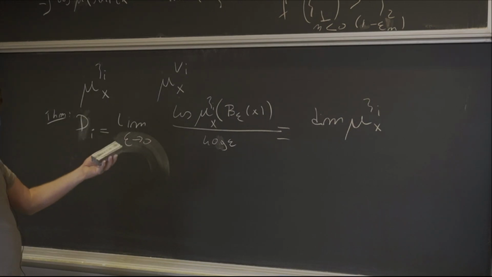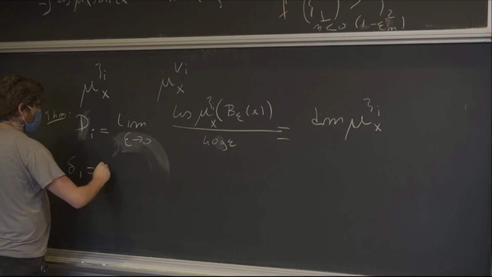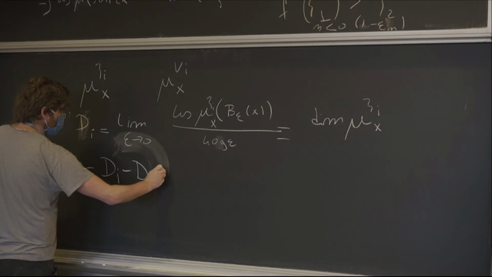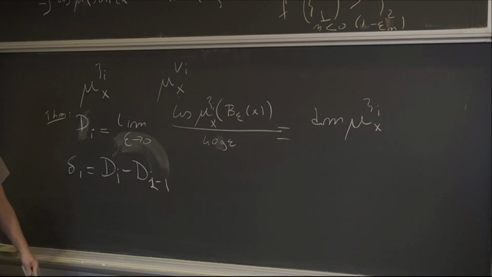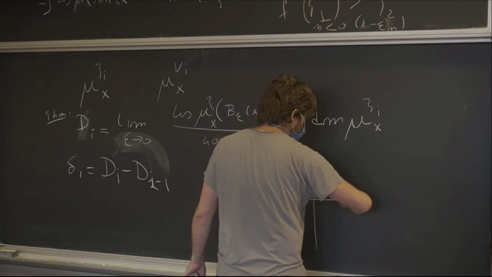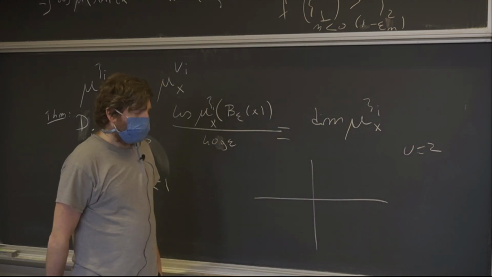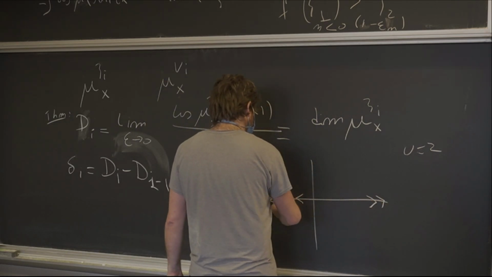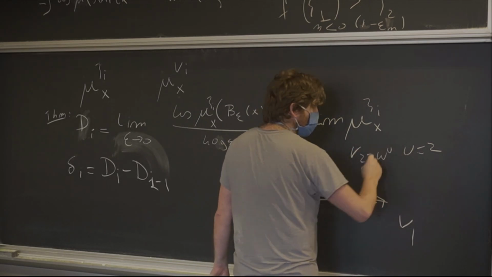So this is d_i. And what is delta_i? Delta_i is d_i minus d_{i-1}. Okay, so what is the picture of this? Let's assume the easy case, u equals 2. So we have two different exponents. We have a faster direction, which is the V1. The V2 now is the whole unstable.